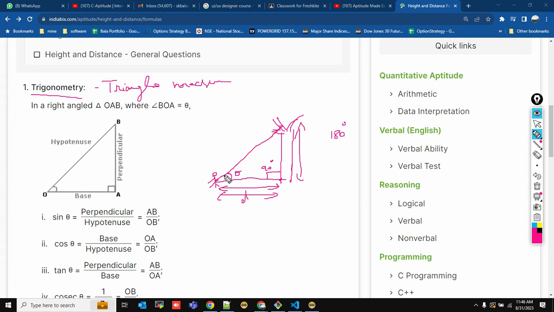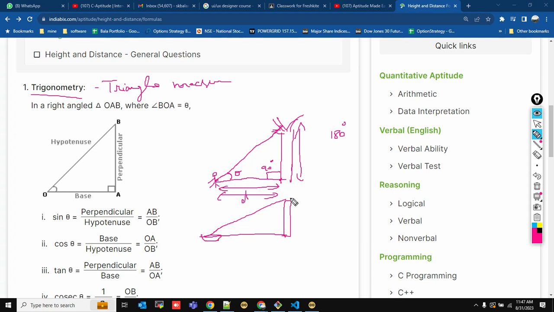In real life scenarios, a lot of right angle triangles are formed. Okay, see, coconut tree, a right angle triangle is formed. Suppose you have a ship, okay, and you want to know how far the ship is from the shore. So from a lighthouse, you are seeing the ship, and this forms a right angle triangle.